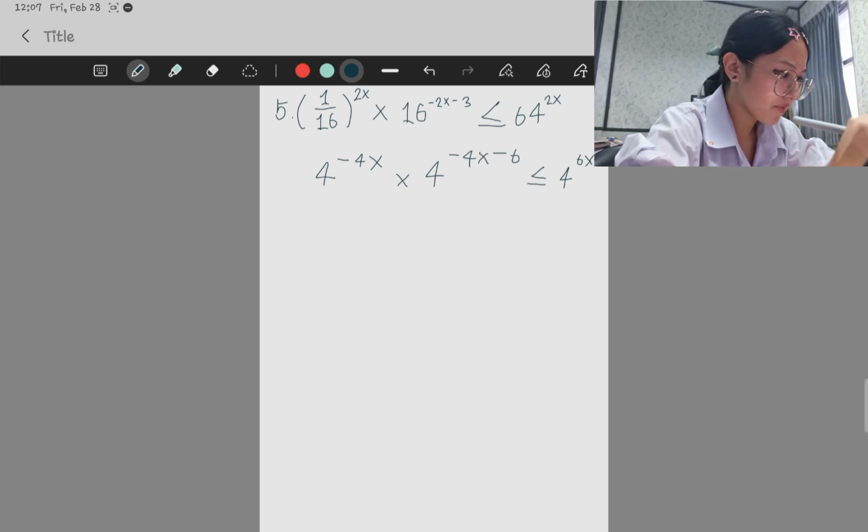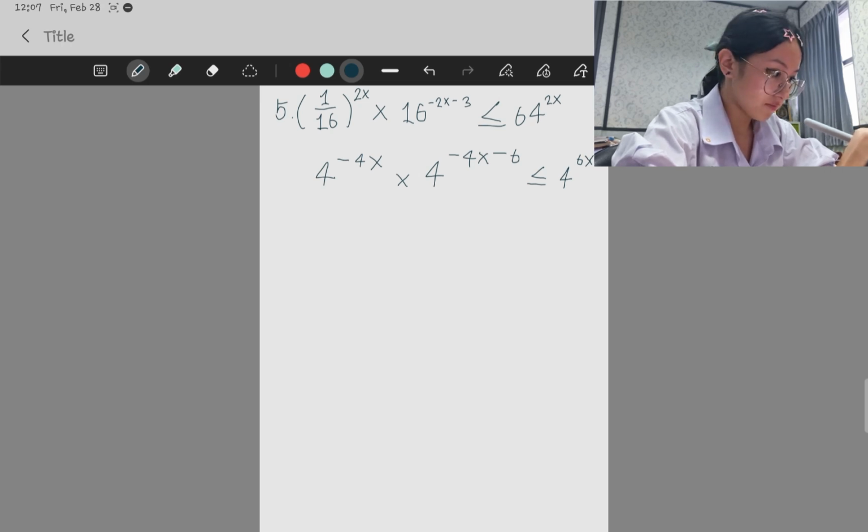Combine the exponents on the left side. Since the bases are the same, add the exponents.